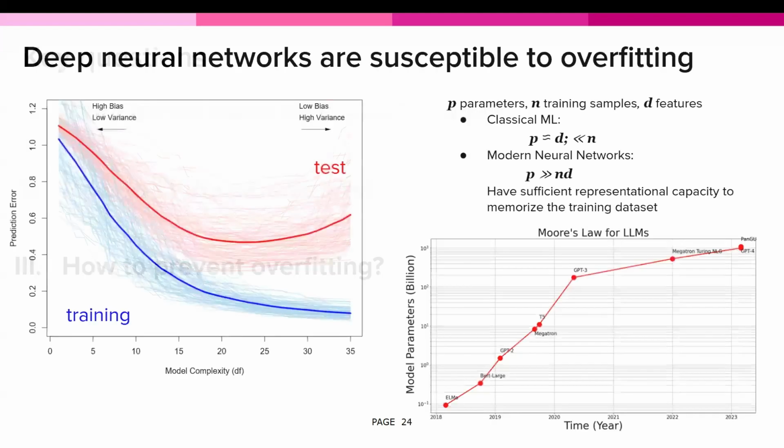Let's talk about that a little bit more. Why am I making this claim that neural networks are susceptible to overfitting? It all comes down to this balance between complexity and generalization.